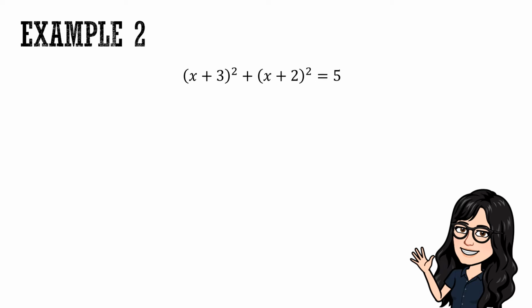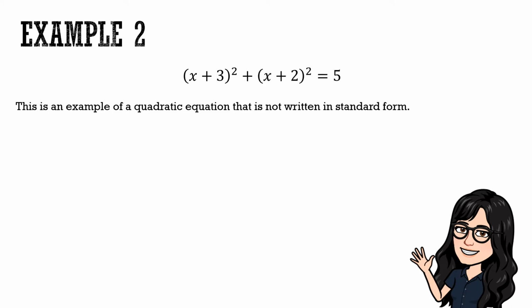Example number 2. The quantity x plus 3 squared plus the quantity x plus 2 squared equals 5. This is again an example of a quadratic equation that is not written in the standard form. As you notice, we can expand this as x plus 3 times x plus 3.